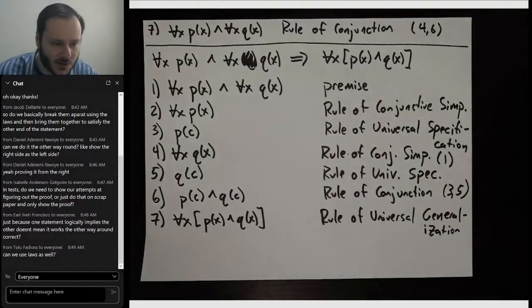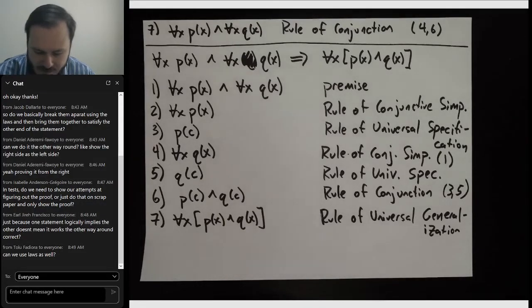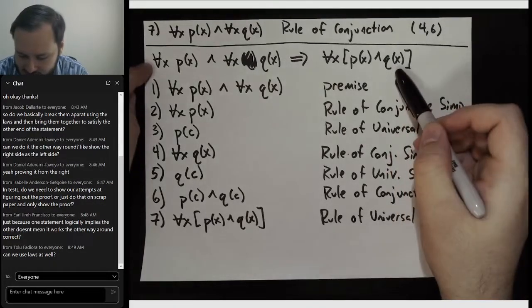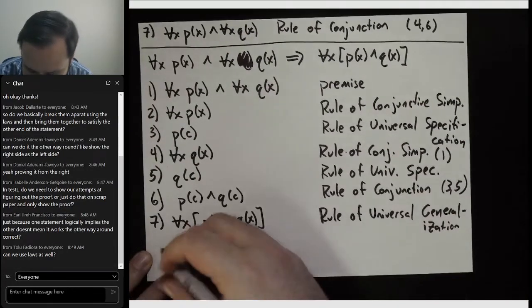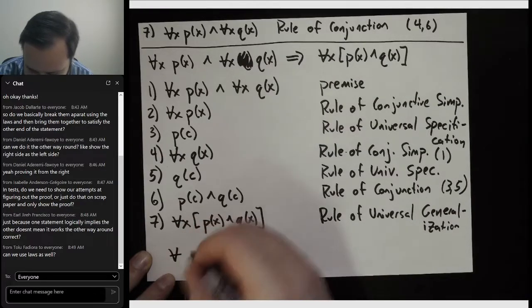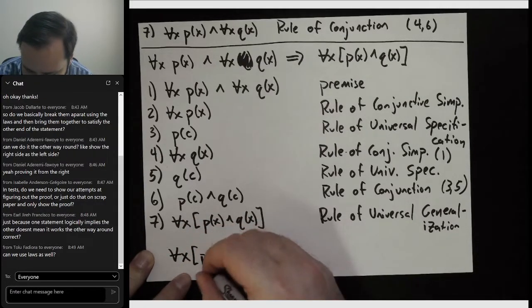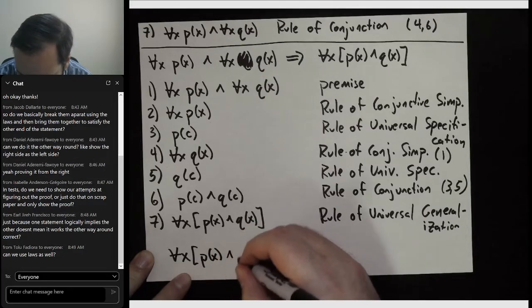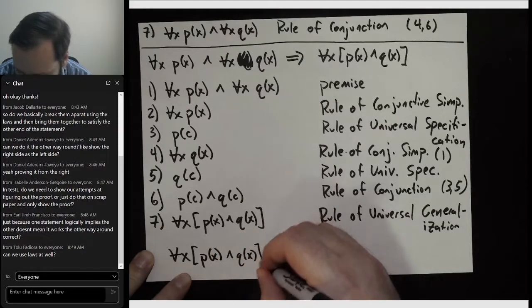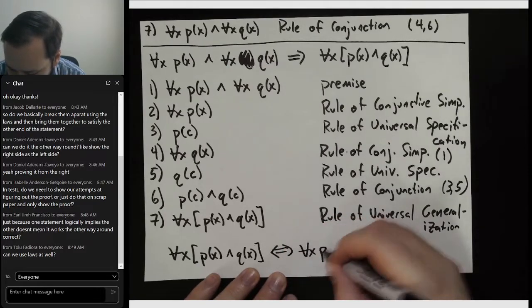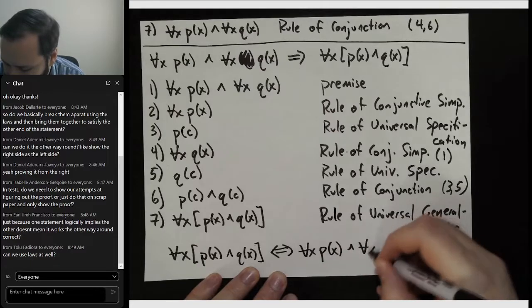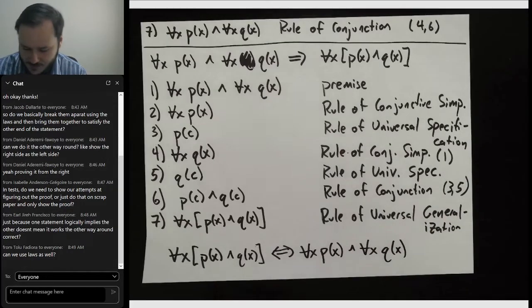So there's this really good question in chat. Just because one statement logically implies the other does not mean it works the other way around. That is completely correct. In this case, we have proven both directions, which means we have proven the statement for all x, P of x and Q of x is logically equivalent to for all x, P of x, and for all x, Q of x.